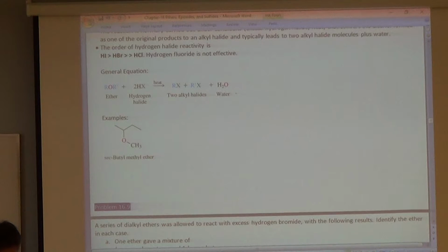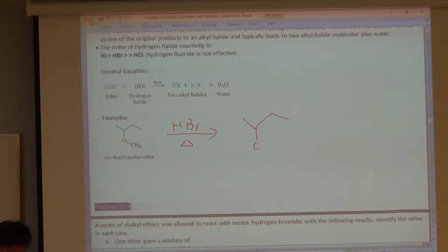The example: we have this sec-butyl methyl ether, and you can do bond breaking of the bond between carbon and oxygen. Both of the bonds between carbon and oxygen will break. So you add in HBr, and then you add in heat, and you produce two alkyl halides.